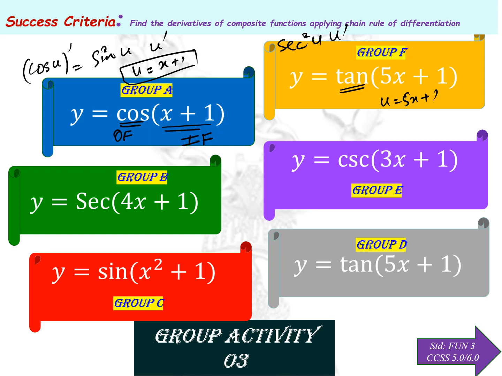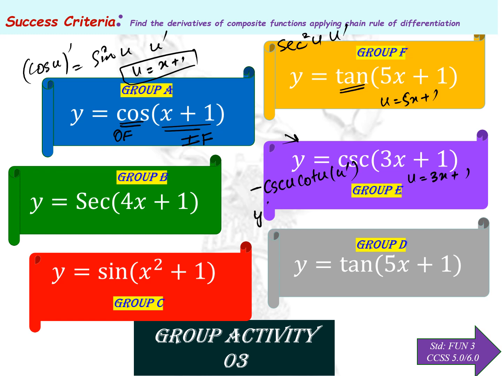Okay, over here y equals cosecant of 3x plus 1. So the formula of cosecant is negative cosecant u cot u and then u prime. So your u is 3x plus 1. So replace all the u with 3x plus 1.